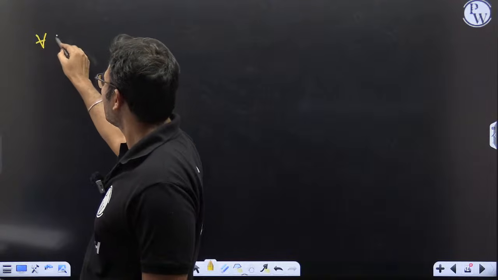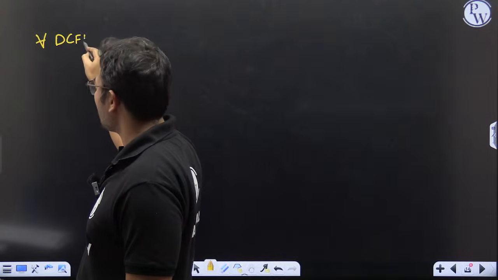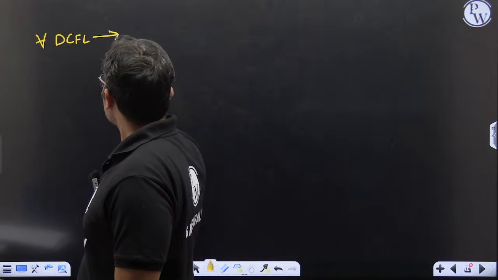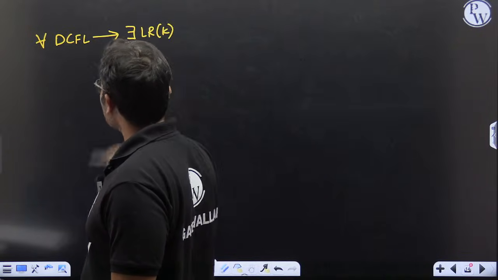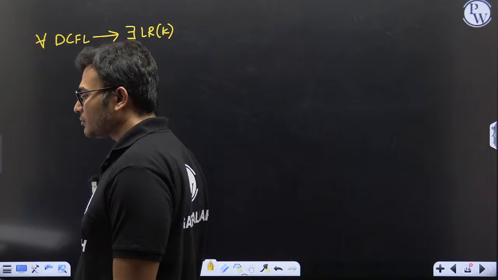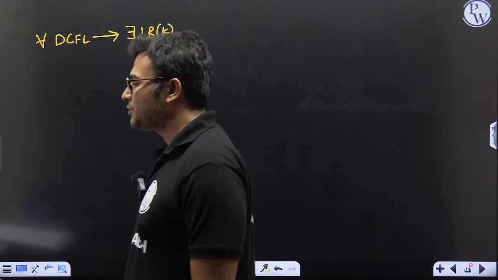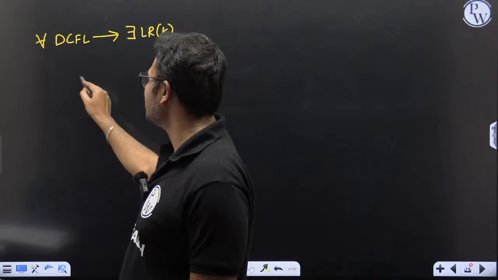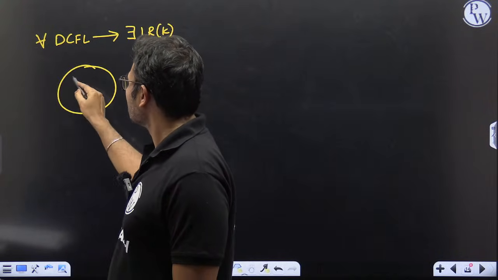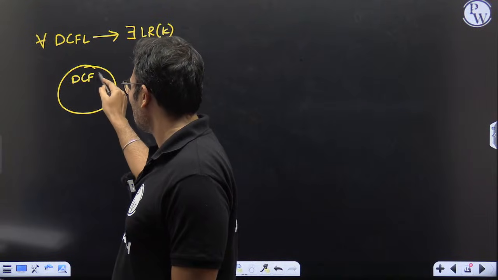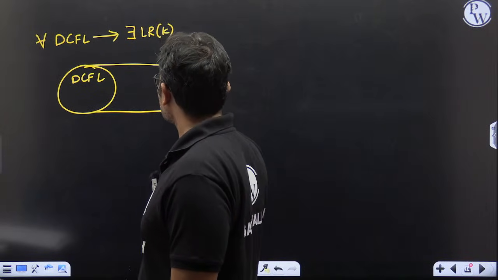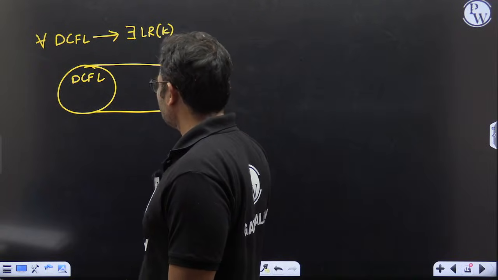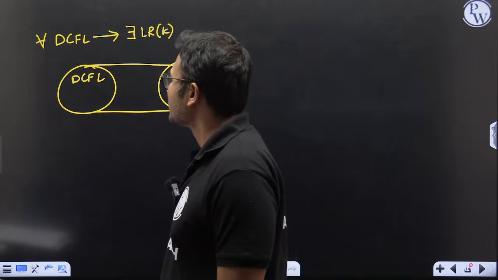Now, for all deterministic context free languages, there exists LL(K). For all DCFL, there exists LL(K).